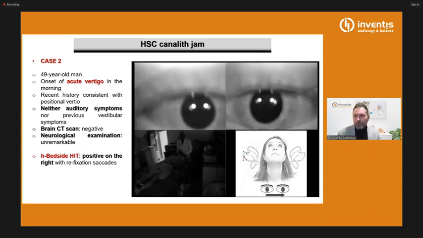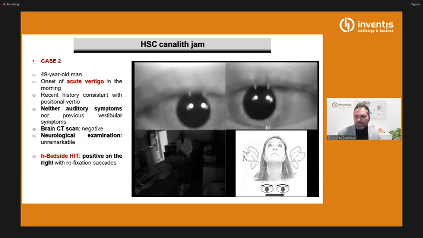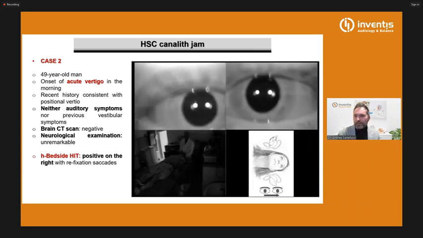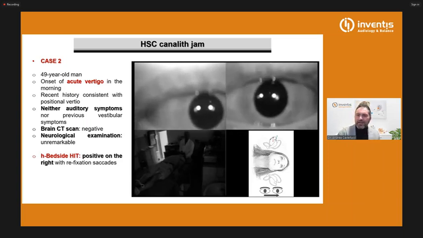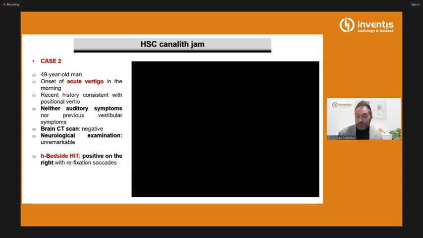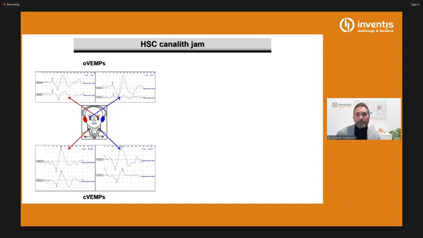And again, we bring the patient on the left side, and it increases a lot. So it behaves very atypically compared to an acute unilateral vestibulopathy, where we should have an increasing of paretic nystagmus when we bring the patient on the affected side.